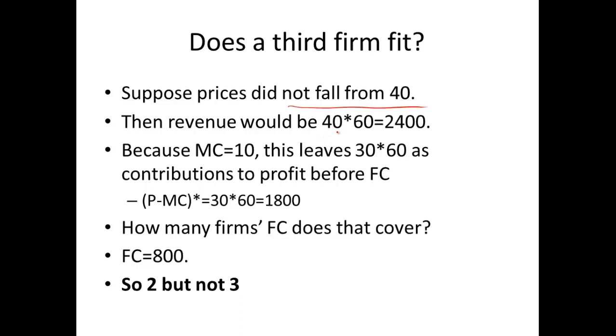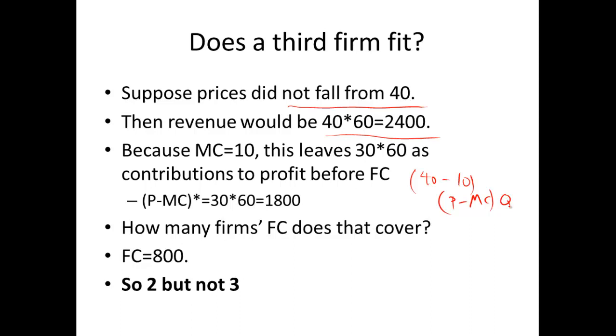Well, if prices were still at 40, then if we're on the demand curve, quantity has to be 60, so the revenue would be 2,400. Now, because marginal costs are 10, that leaves 30, 40 minus 10, as what you might call the contributions to profit. Really, it's just the P minus MC times Q business.